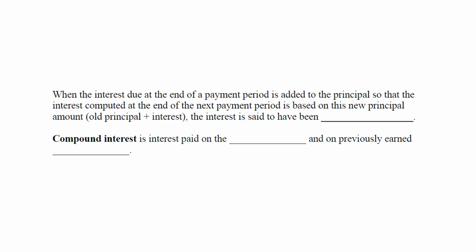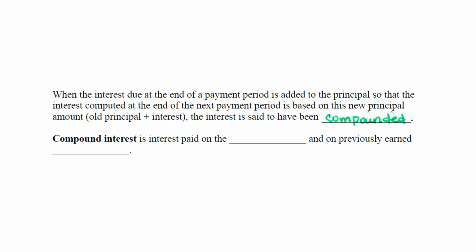So when the interest due at the end of a payment period is added to the principal so that the interest computed at the end of the next payment period is based on this new amount, that's the old principal plus the interest, the interest is said to have been compounded.